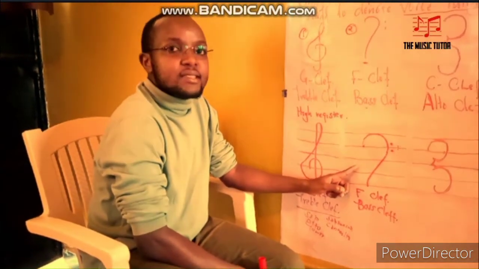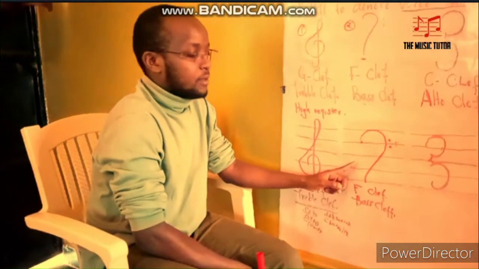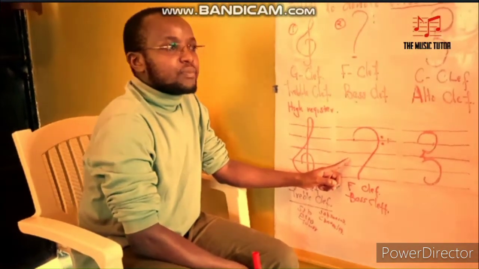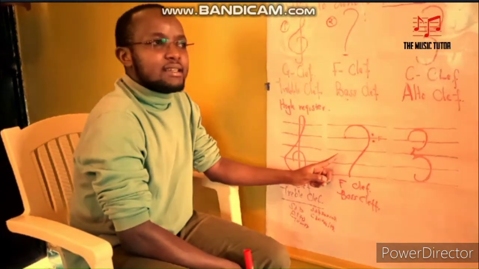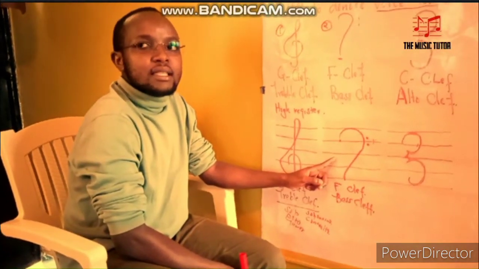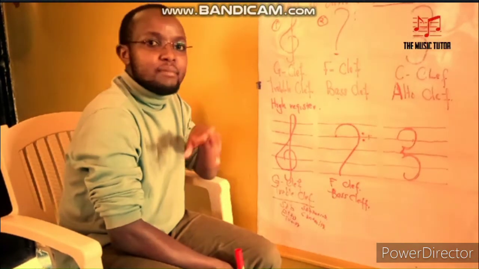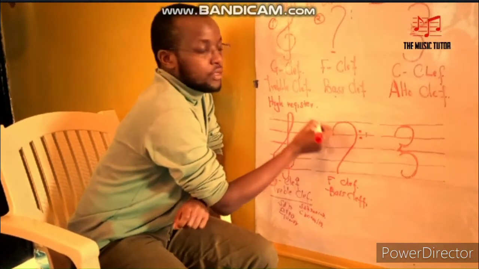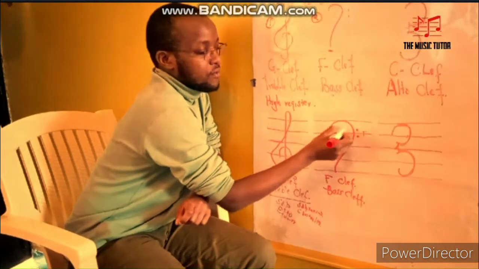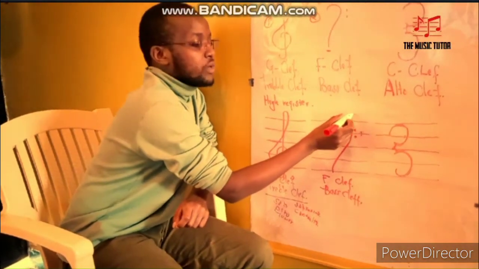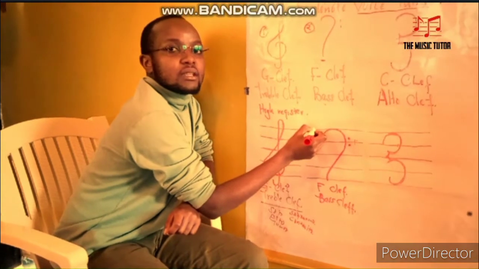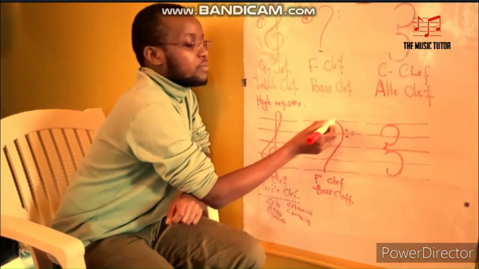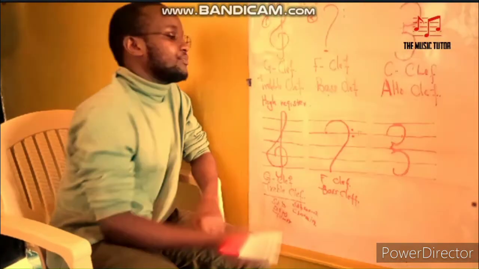The lower range voices include bass, and for instrument it could be double bass. That is a very low range, but remember, the higher notes on this clef could be used for a middle range voice like tenor and baritone. It could be used for tenor.